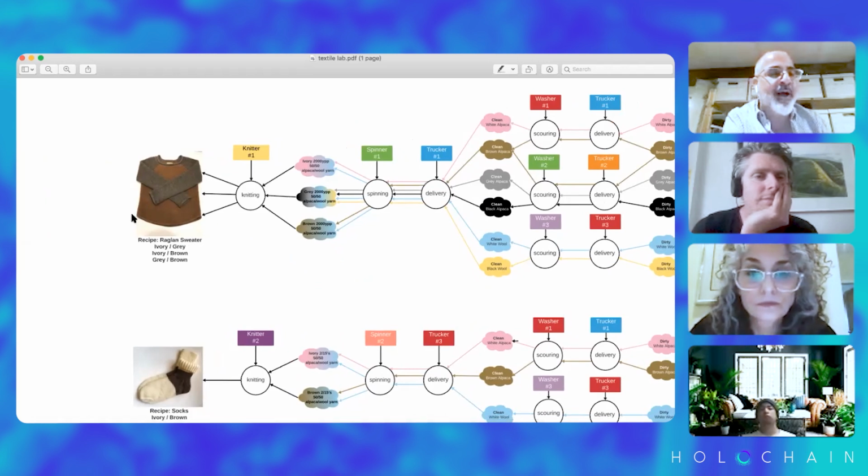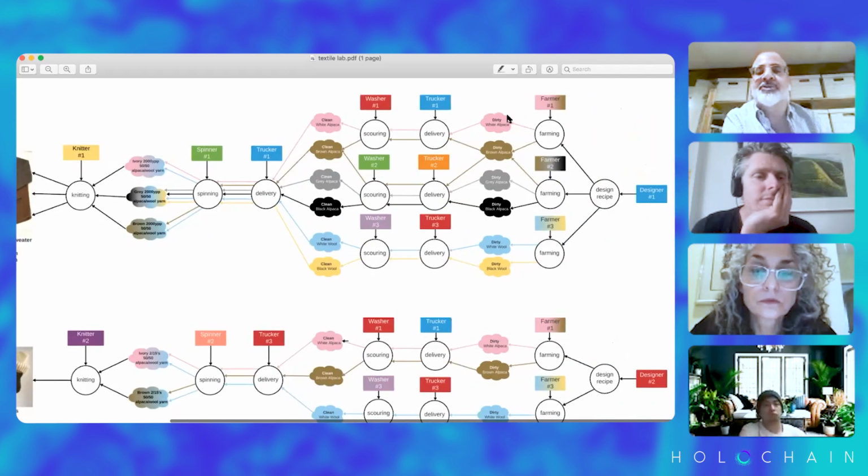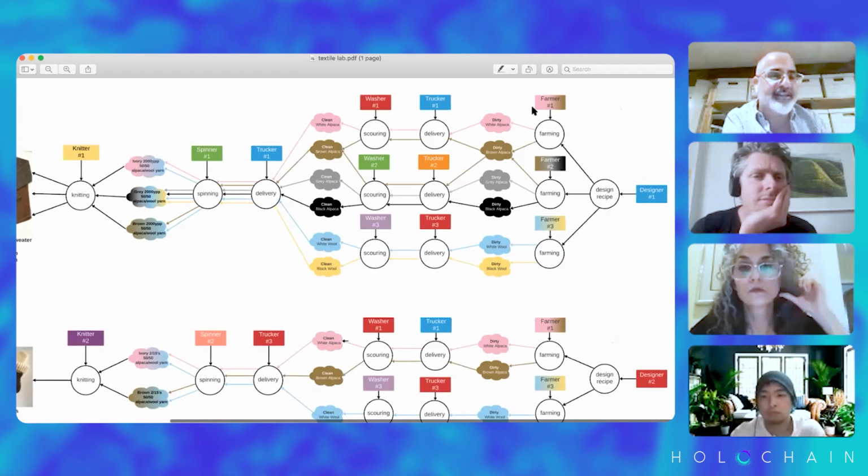That's deep wealth. That's deep value built right into the product. We can measure localism. We could also measure things like this farmer is practicing carbon drawdown on their farm. They're using what we call climate beneficial farming practices.